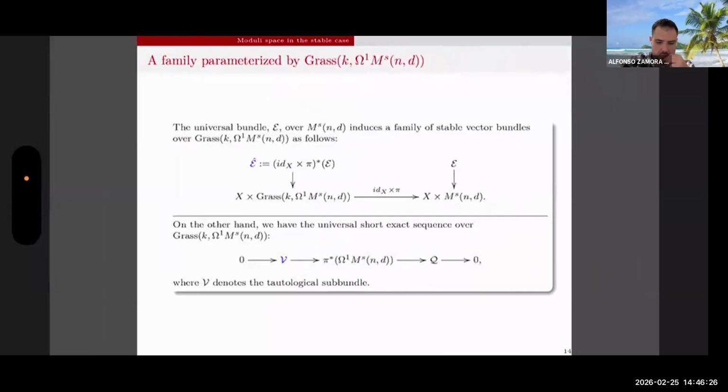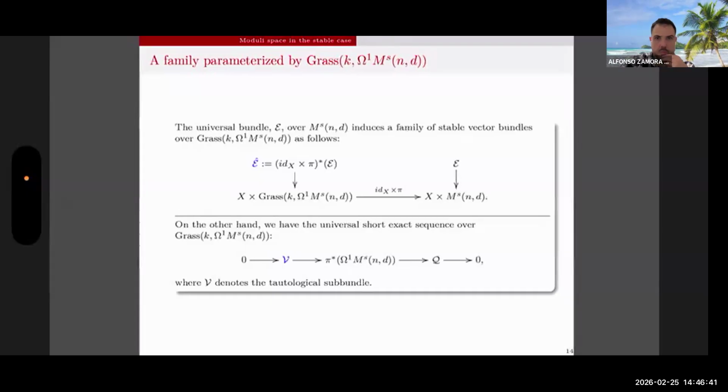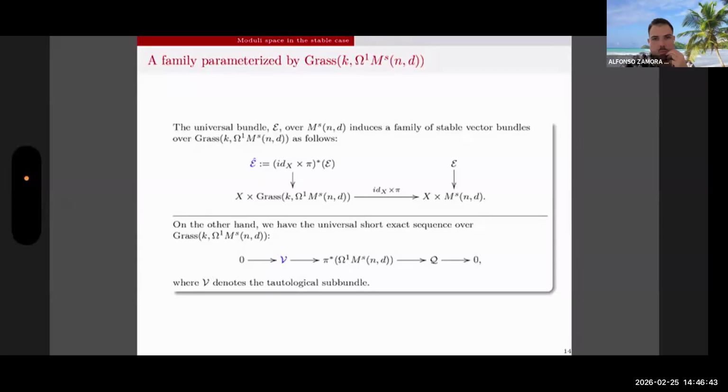Pulling back along this morphism, we obtain a family of stable vector bundles parameterized by this Grassmannian bundle. And over this Grassmannian, we also have this universal exact sequence. And in particular, the tautological bundle has rank k. So we have a family of stable bundles and a family of k-dimensional subspaces.